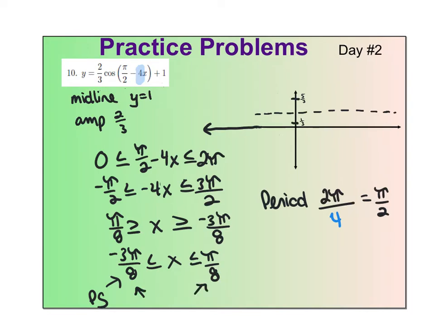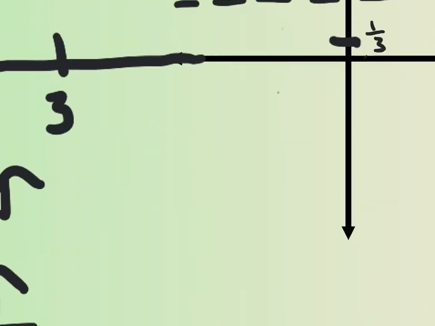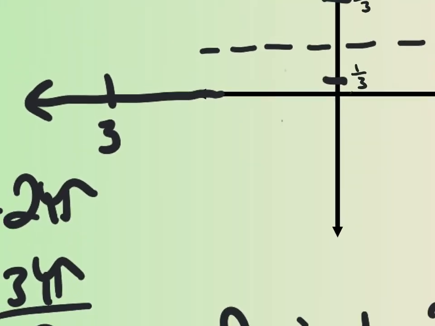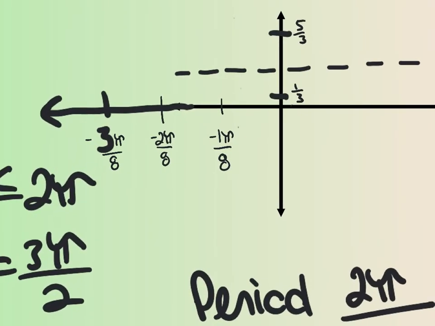Okay, and now I'm going to do my increment. So I'm going to take my period and multiply it by 1/4. So it looks like I am moving in pi over 8s. So we'll start at negative 3 pi over 8, and then I'll add another negative 2 pi over 8, negative 1 pi over 8, 0, and pi over 8.